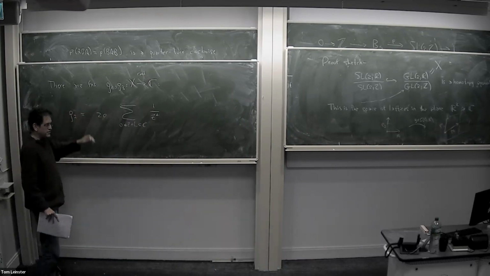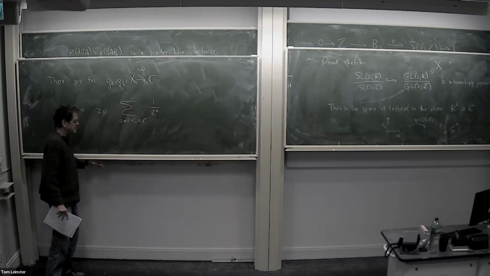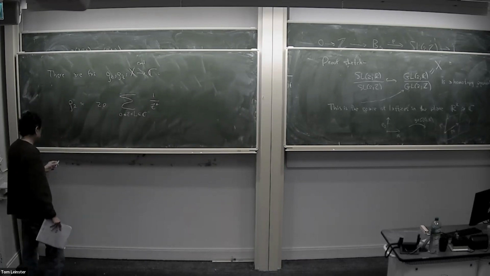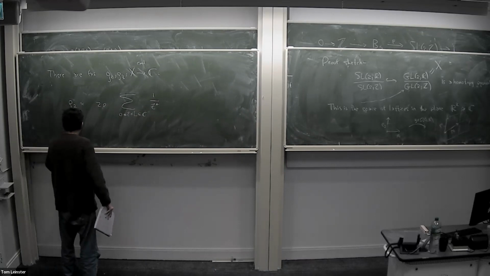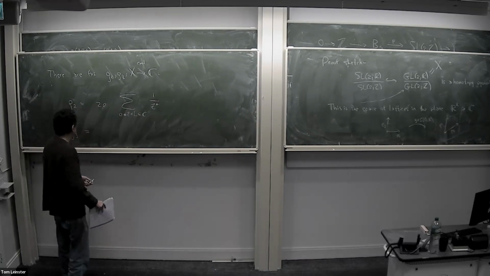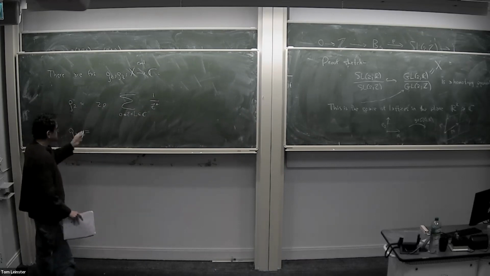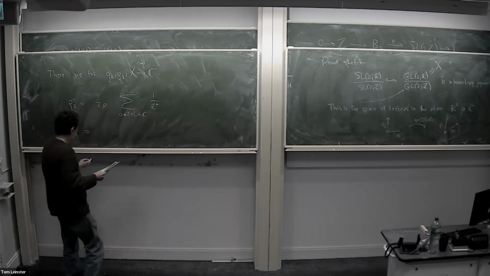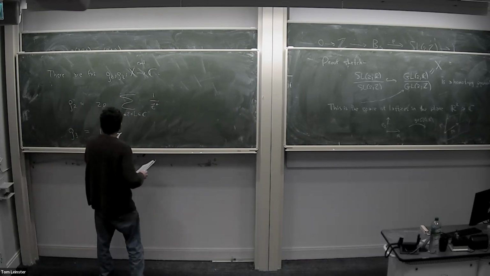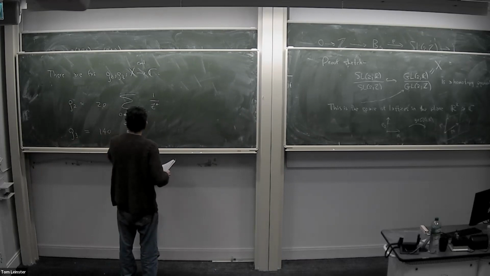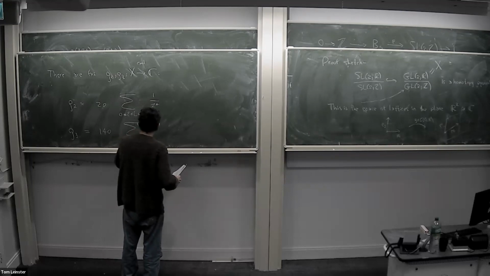And the 20 here is just to make some other formula look simpler. And then G3 is a similar thing, but instead of the 4th power, we use the 6th power. People like thinking about these things for all sorts of powers, as long as the power is big enough to make the sum converge.